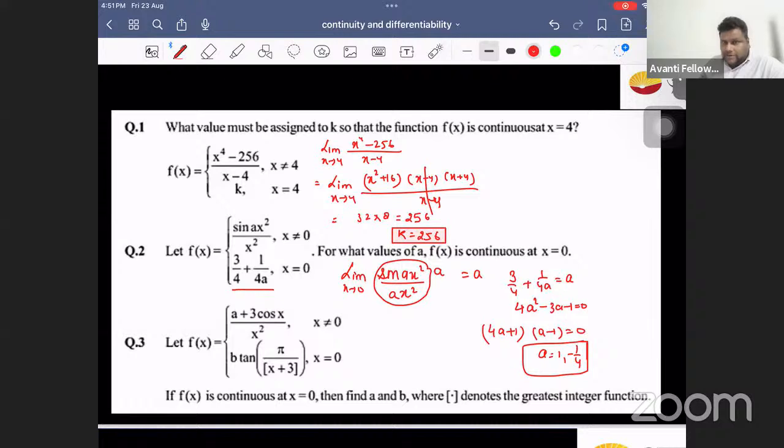It is continuous at x equal to 0. Find a and b quickly.